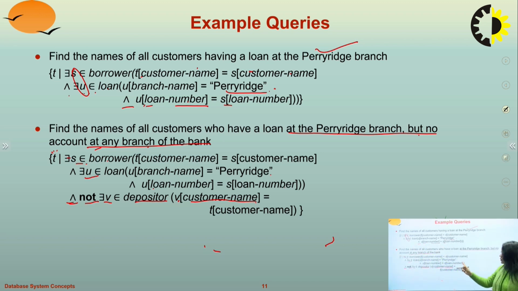So here we have described the information with some subtuples, and when we need to describe no account at any branch of the bank, we are making the relationship with this V to T. We will start from there.